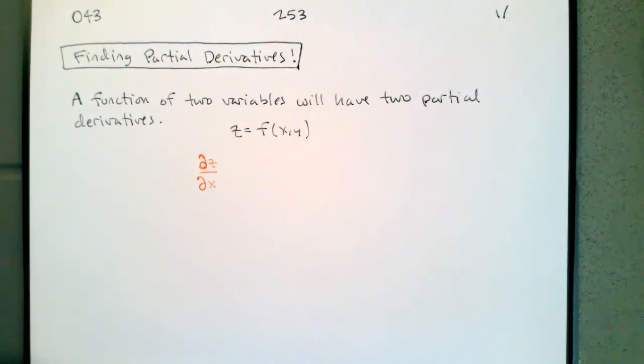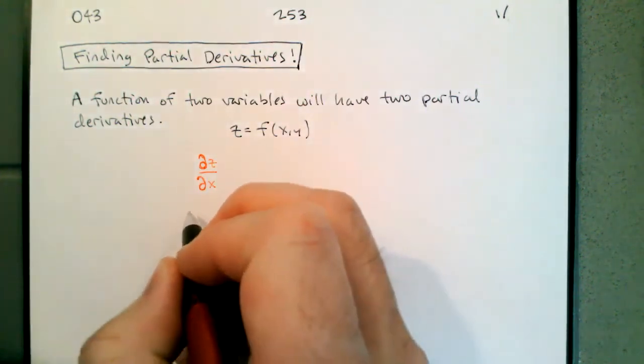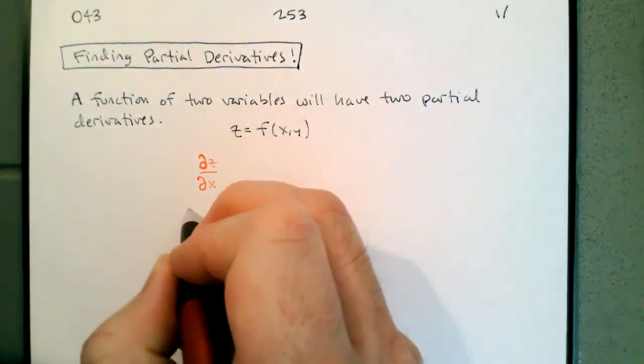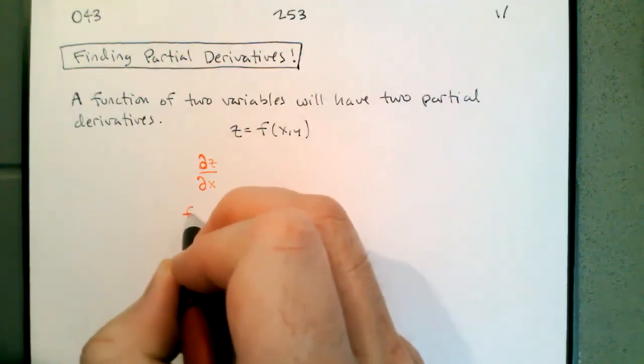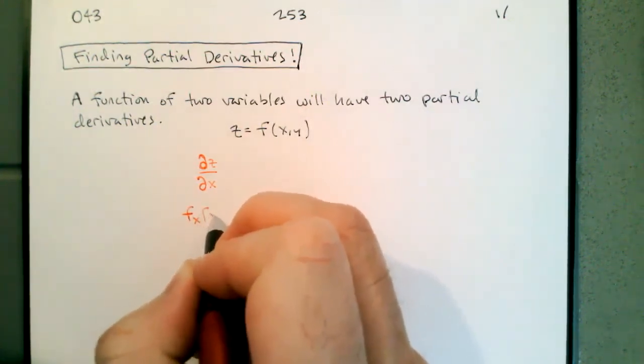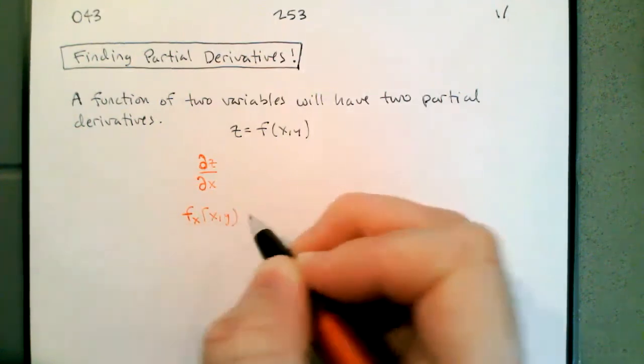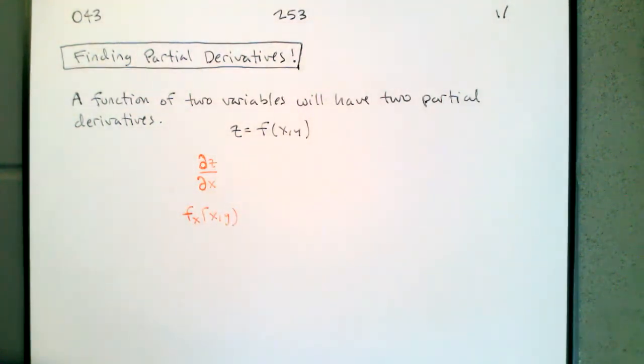We also have a variation of prime notation where we just use a subscript with the variable that we're taking the derivative with respect to. So we'll have fx at xy. If we don't have a variable z, we could just say the partial derivative of f with respect to x.